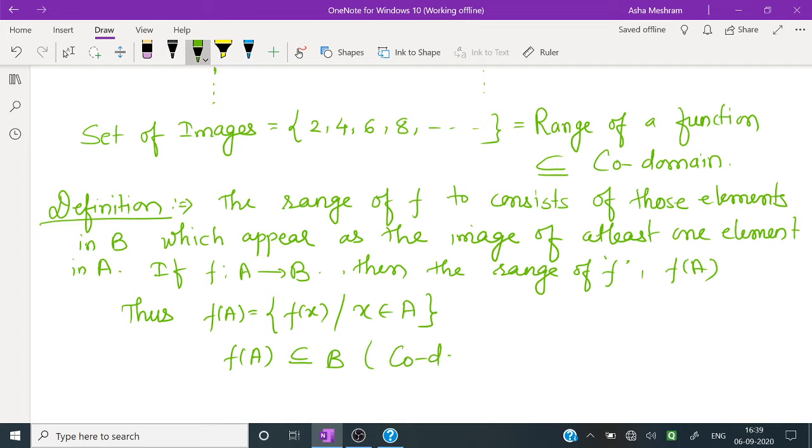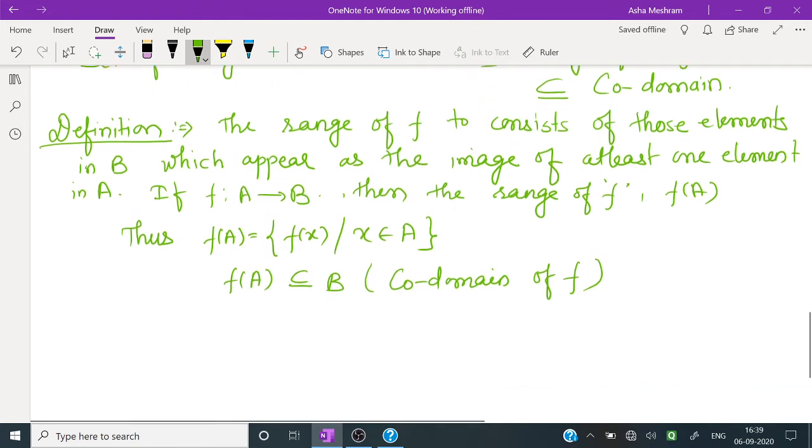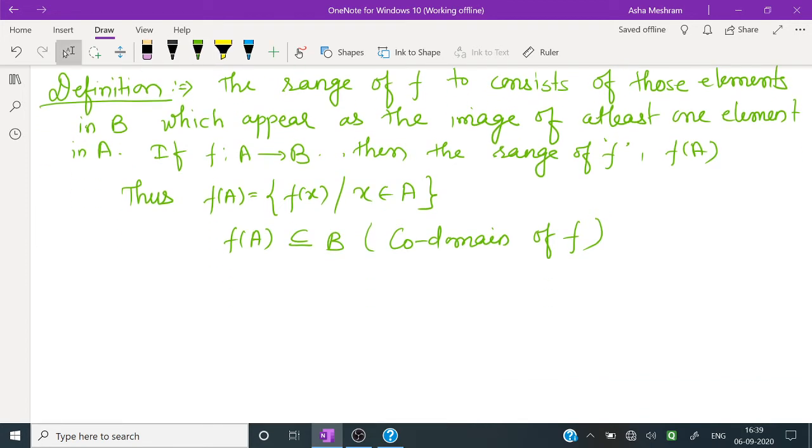B is the codomain of f. So we have done the definition of range of function. Now next we take some examples of mappings. It will be helpful to understand the concept of mapping.